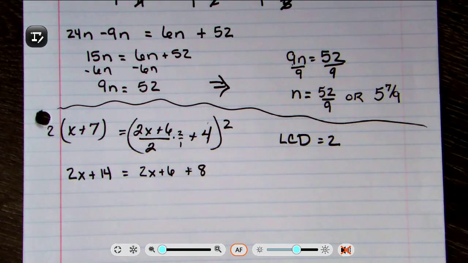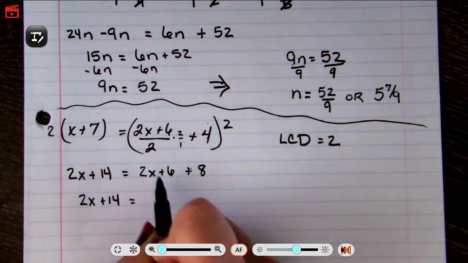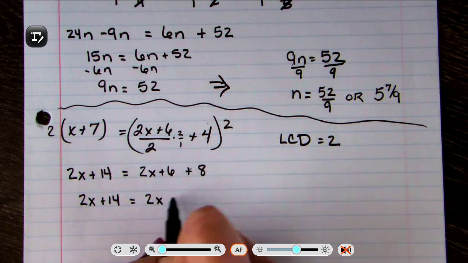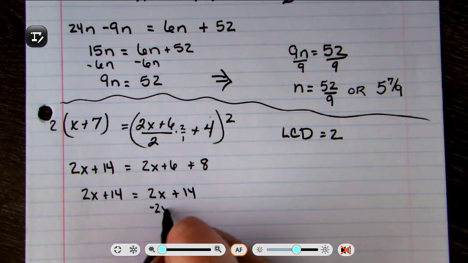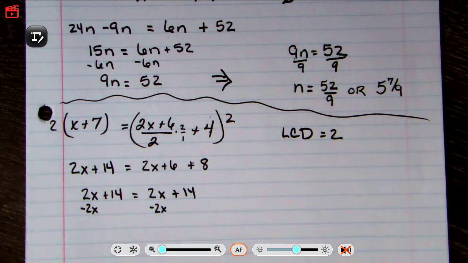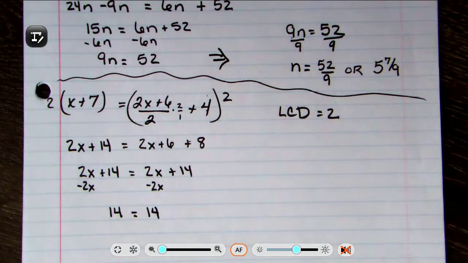Cleaning up both sides: 2x plus 14 equals 2x plus 14. Getting my variables on one side, I'm going to subtract 2x from both sides. And I get that 14 is equal to 14.